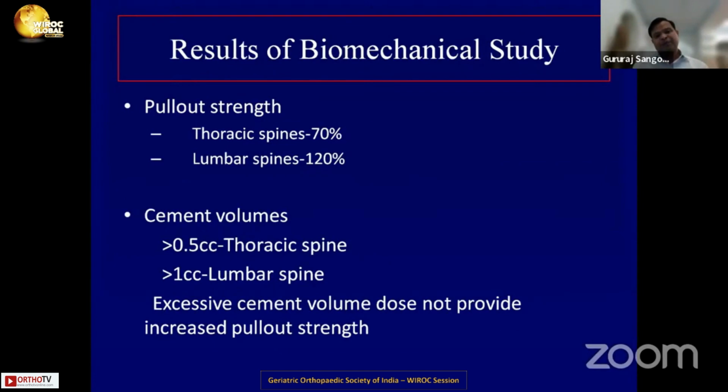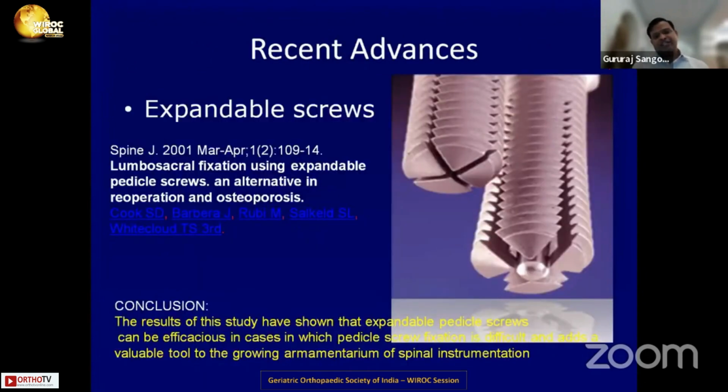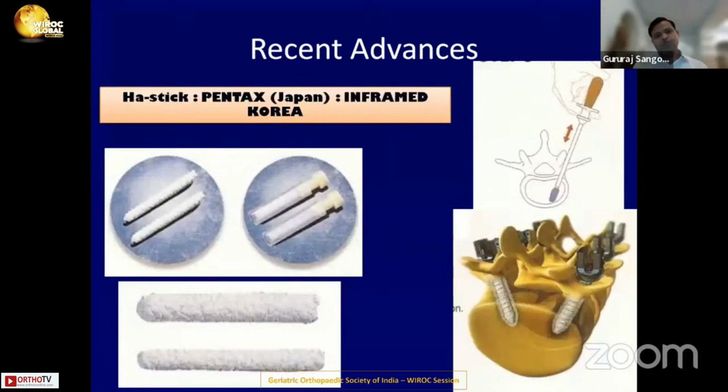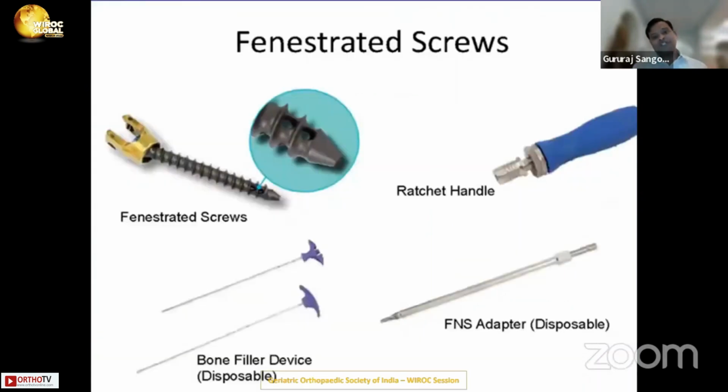In the thoracic spine, it increases by 70%, and in the lumbar spine, by 120%. So this is an example. Another recent advance is expandable screws, and you have these fenestrated screws for cement-augmented pedicle screws, with hydroxyapatite.